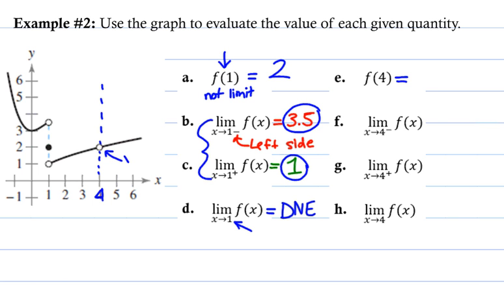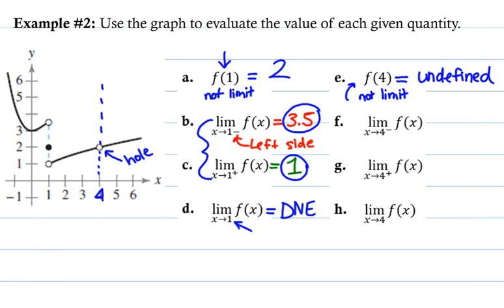There's a hole. Well, since E is not a limit, that hole makes a difference. So we say that it's undefined. There's no definition for what this graph or this equation, whatever it may be, equals when x is 4.